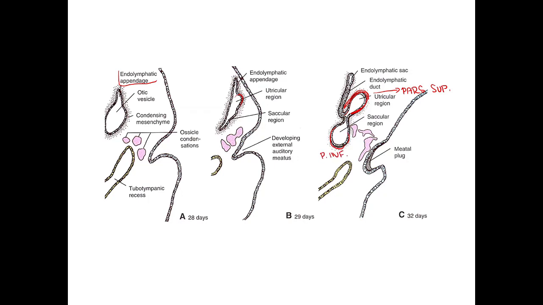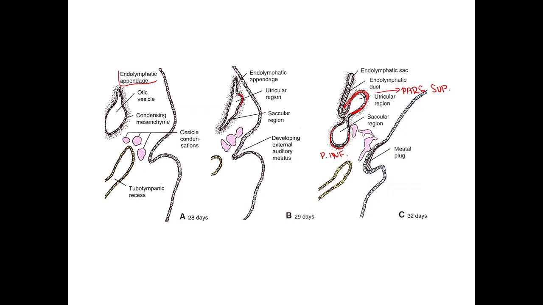Of course we have pars superior and inferior, and in the lymphatic appendage, then in the sac, and then we call it the duct. And from these structures, which are from the ectoderm, we will form some structures of the inner ear. It's about in the 4th to 7th weeks of development.